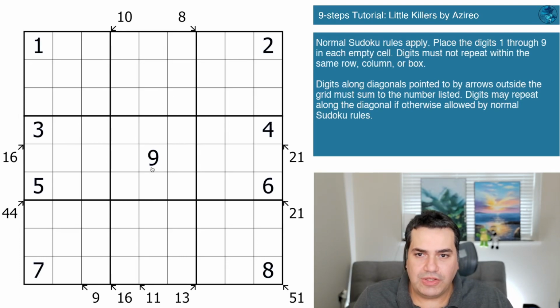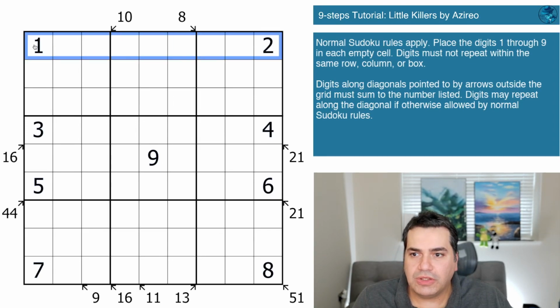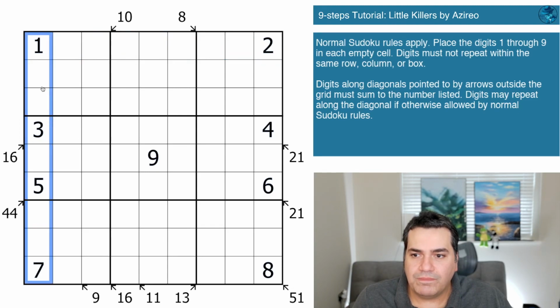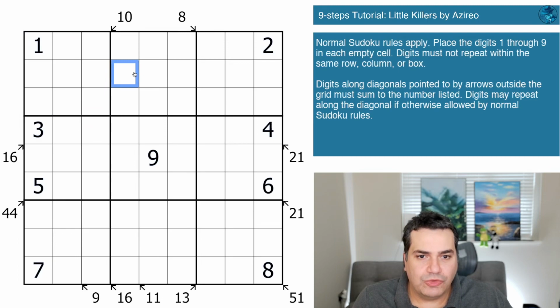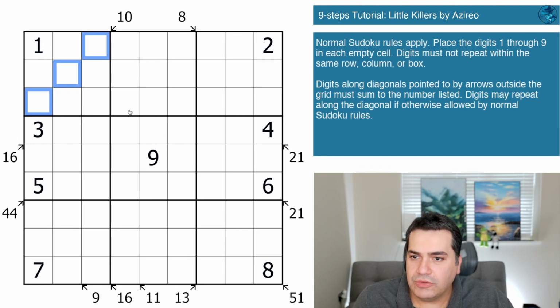So let's take a look at the rule sets that we have for today. Normal Sudoku rules apply. That means the digits 1 through 9 in every row, every column, and as usual in every box. Digits must not repeat within the same row, column, or box, standard rules. Now, what is a little killer is essentially these numbers that are placed next to arrows, and they are all pointing at diagonals today.